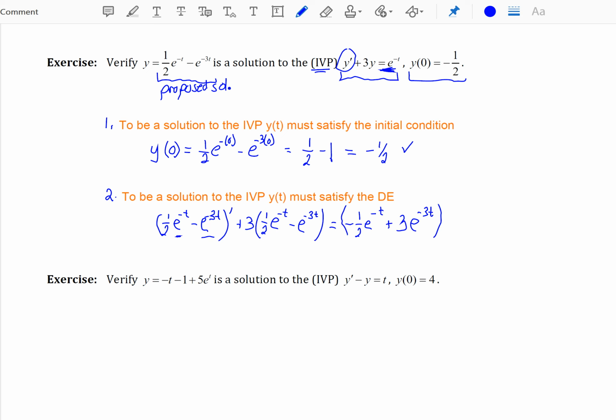For this second group, we can distribute this 3 into the parentheses. This would be plus 3/2 e to the negative t minus 3e to the negative 3t.